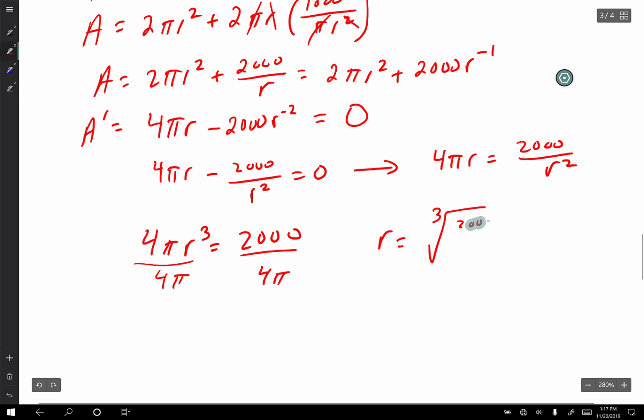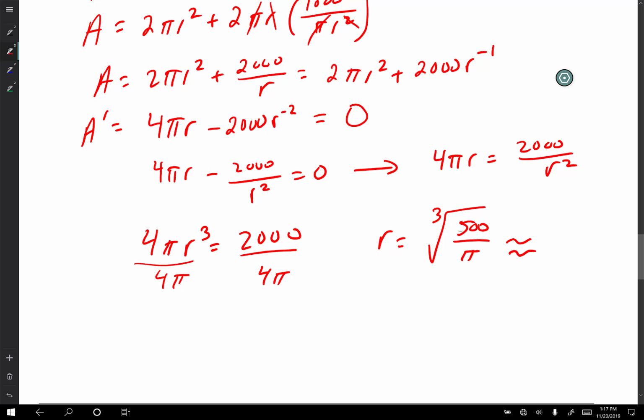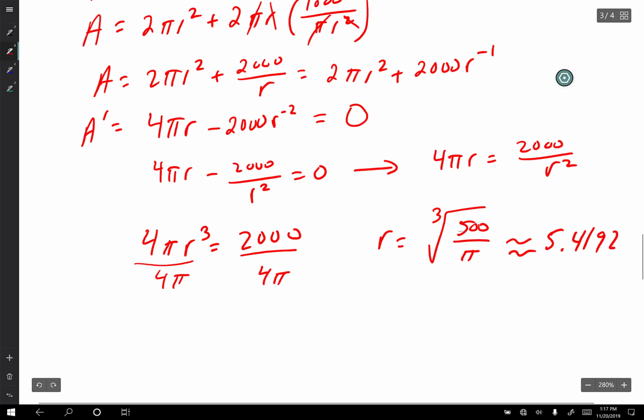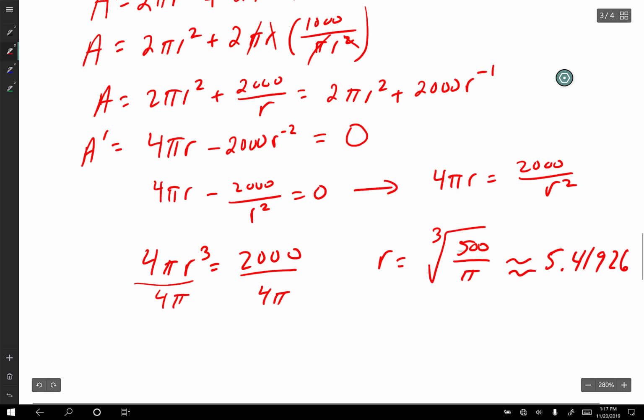Oh, you know what? 4 goes into 2,000 500 times. So 500 over pi, which is approximately, I'm going to use a calculator for this, guys. So I take my calculator and I go 500 divided by pi, and I'm going to raise that to the 1/3. 5.41926. Always put more digits if it allows you to, and that's going to be centimeters.